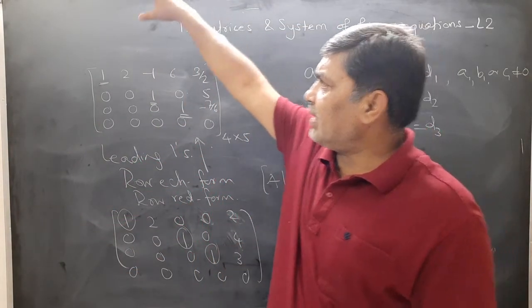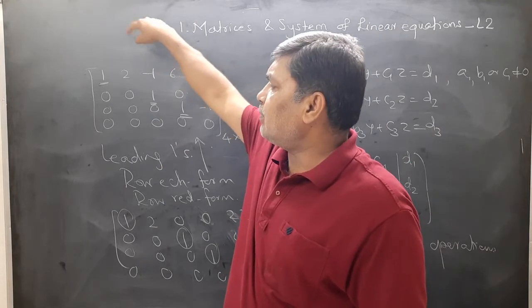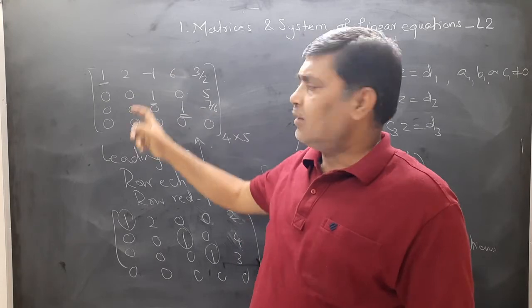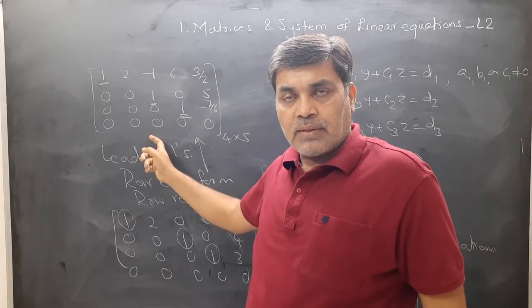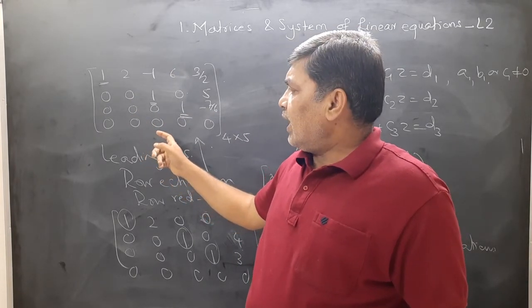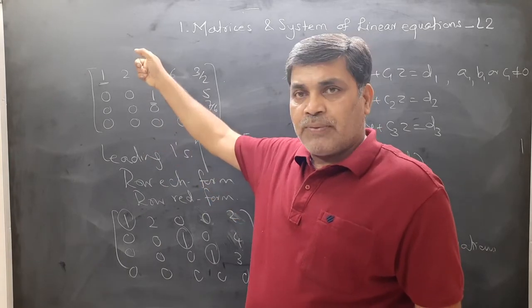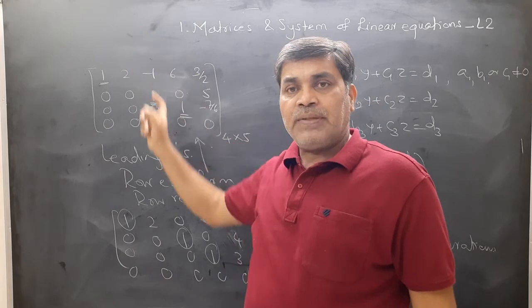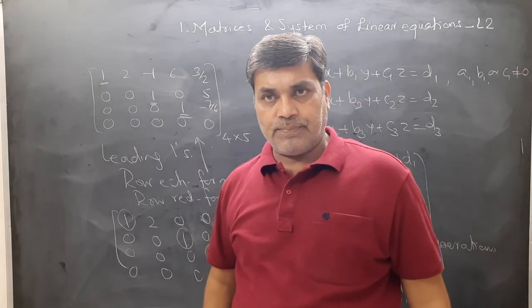So if some matrix A is given and by applying a suitable sequence you get A1, then A2, A3 and this is your R, then the rank of this matrix is the same as the rank of the previous ones, A3, A2, A.